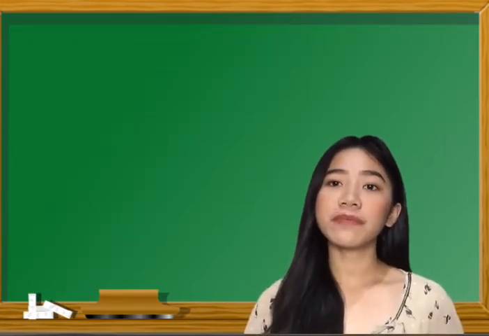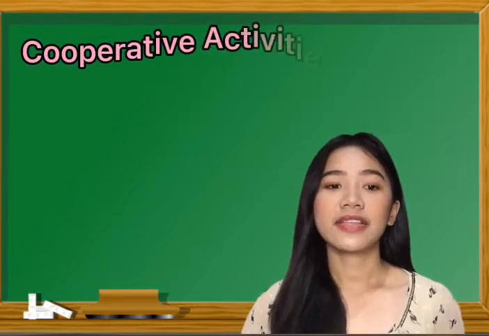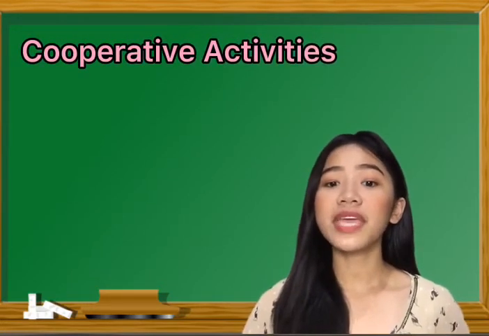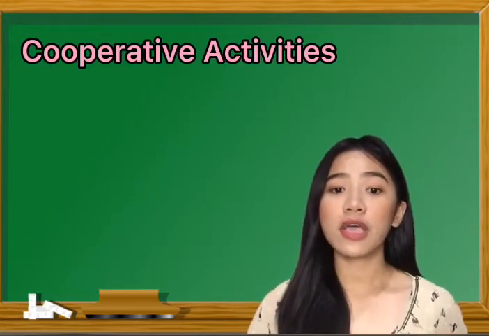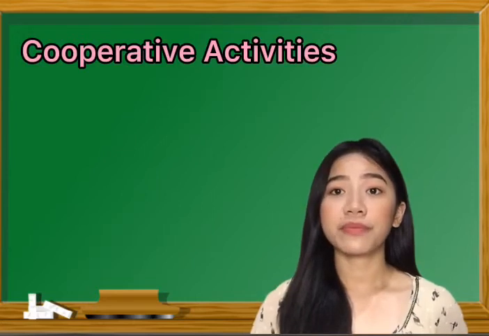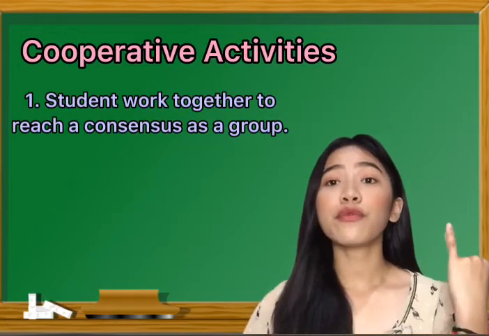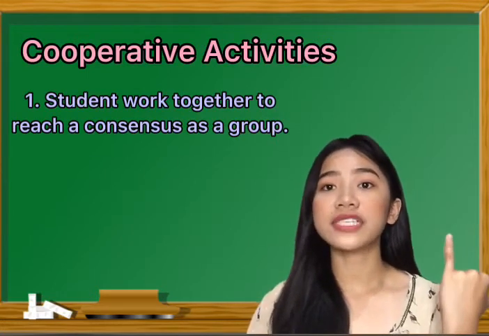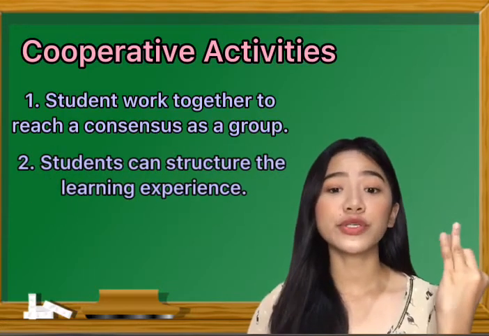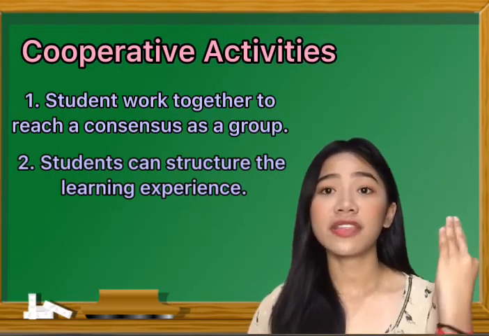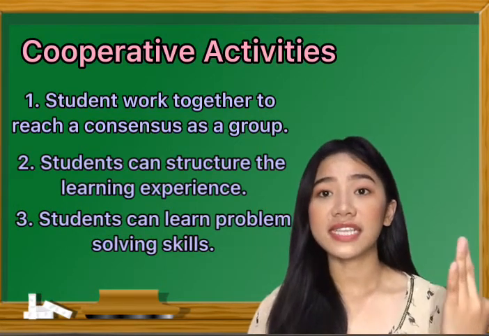Another way of teaching physical education is through cooperative activities. There are three main goals to be achieved when using cooperative activities, or activities where students work together to perform. The goals include: number 1, students work together to reach a consensus as a group. Number 2, students can structure the learning experience. And number 3, students can learn problem-solving skills.